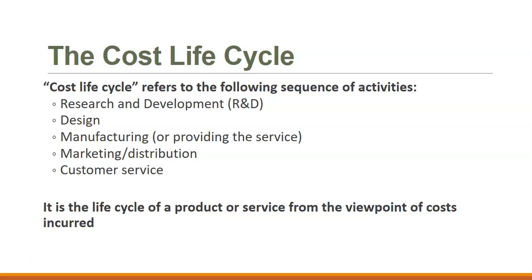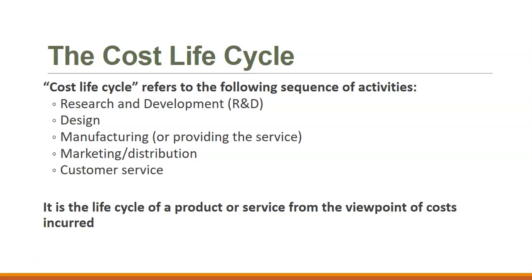The cost life cycle is the entire sequence of events along the value chain: research and development, design, manufacturing, production or the providing of services, marketing and distribution, and then customer service. It's the life cycle of a product or service from the viewpoint of the costs incurred.